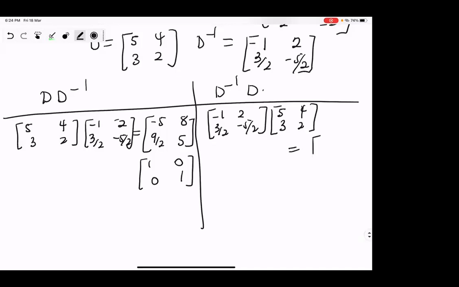Which is it, D inverse D, or -5, 9 over 2? No, madam, it's negative 5, 9 over 2.